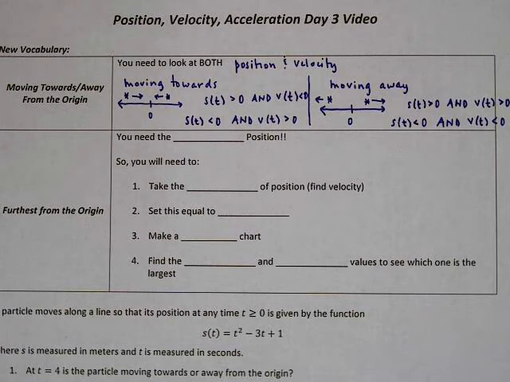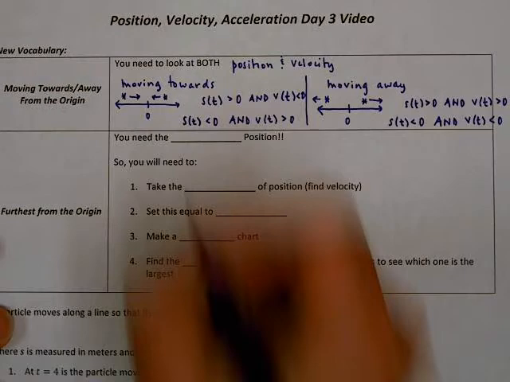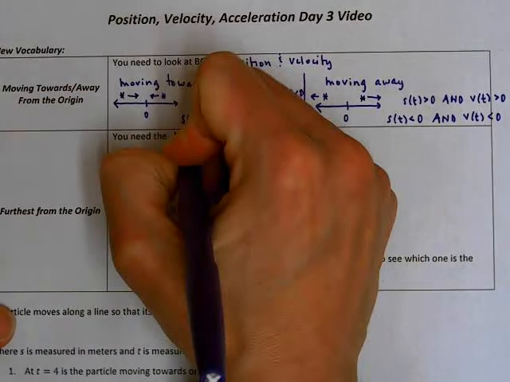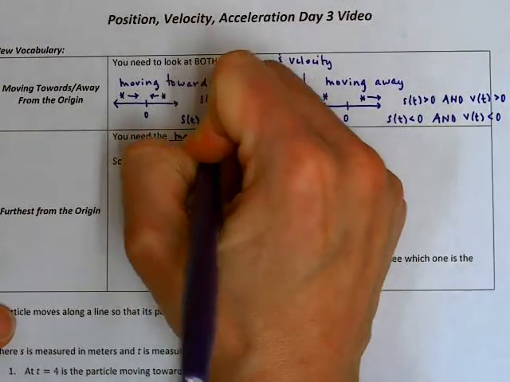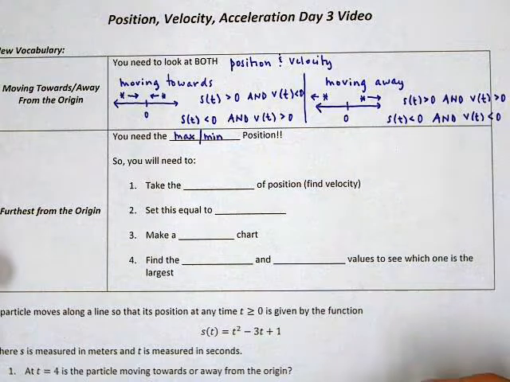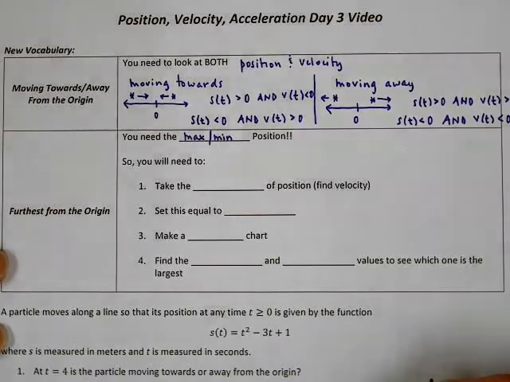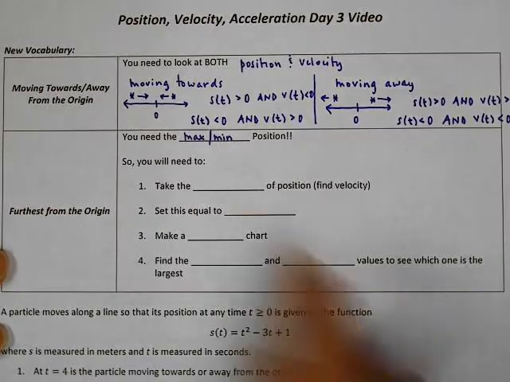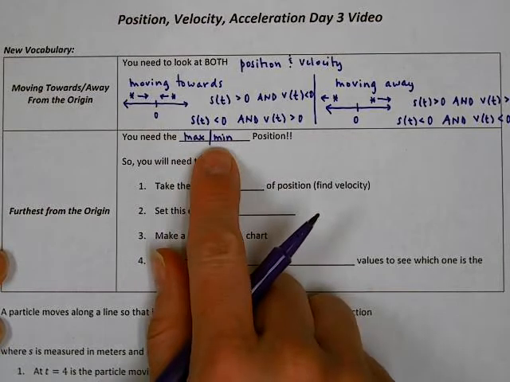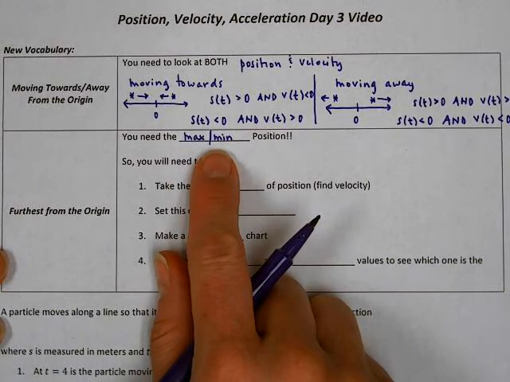All right, the next question we might be asked is when our object or our particle is furthest from the origin. And so for this, we need to find the max and the minimum positions to find out which value is actually further from the origin. Now, when I'm thinking of maximum and minimum values, I know I need a derivative.